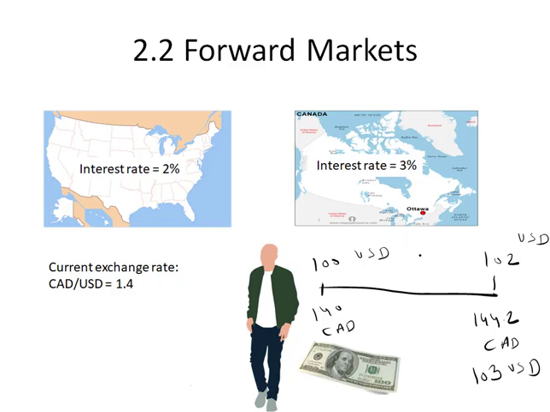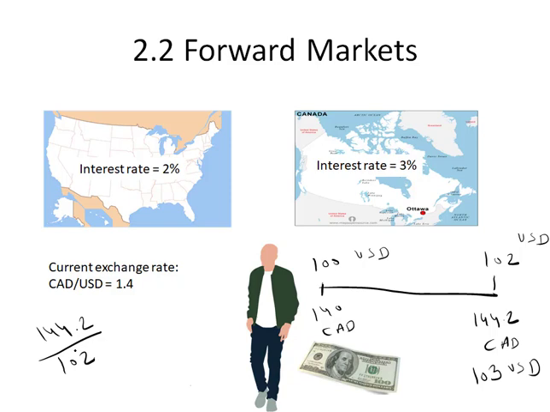So you can clearly see that there is an arbitrage opportunity here. And one of the fundamentals we have in foreign exchange is that there should not be any arbitrage opportunity. What it means is that the exchange rate he should be getting at the end of 1 year should be 144.2 Canadian dollars divided by 102 US dollars.